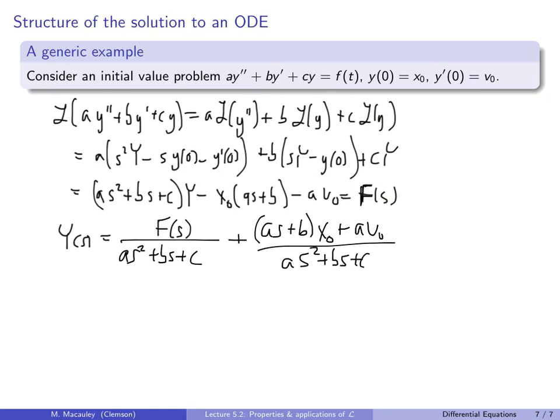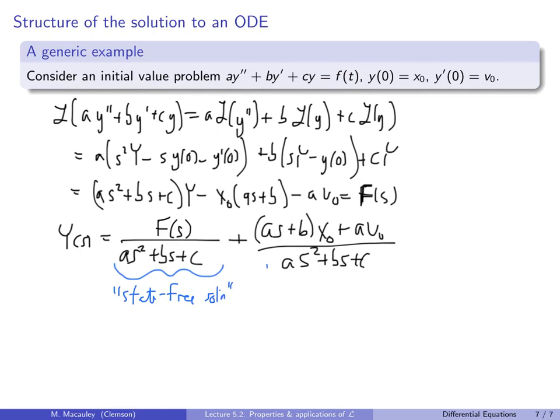What I want you to notice is that the denominators are the same, and this term here depends solely, if you fix the denominator, on capital F of s. That's the forcing term. So this is sometimes called the state-free solution.